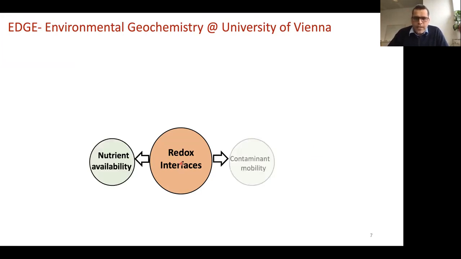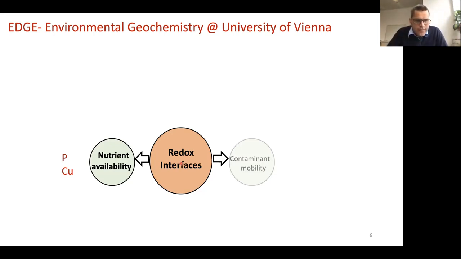We also look at nutrient availability and how that is impacted by redox interfaces. Within that, we have a couple of projects running. One is on phosphorus, part of the big EU project PTRAP, which we are a partner of, where we look at iron 2 phosphate mineral, vivianite dissolution, and how these redox reactions, or oxidation of iron, release the phosphate that can be used in agriculture applications.